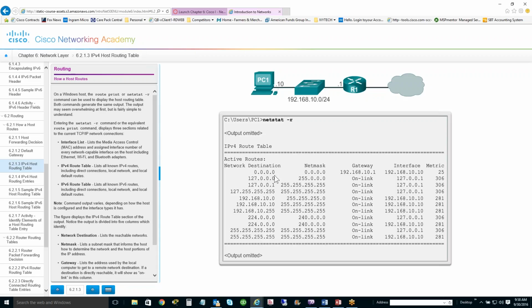Oh, it's not here. Okay, I use my default route. Okay, that means I need to send this packet to 192.168.10.1, which is the inside interface of my default gateway or my router. And then it says, okay, now that I got it, I can send it on where I want to. So that's the magic. And the metrics are basically fields that determine what priority that route has in your table.